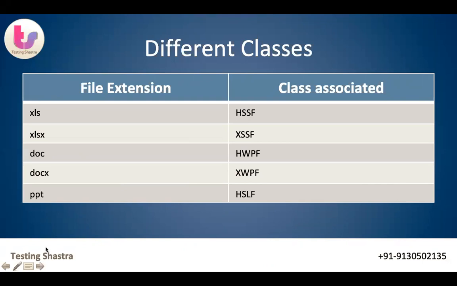So if you want to handle an .xls file, then you have to use the HSSF class. If you want to handle an .xlsx file, then you need to use the XSSF class. If you want to handle a doc file, then you go with the HWPF class. So there are different classes for different files, in short.